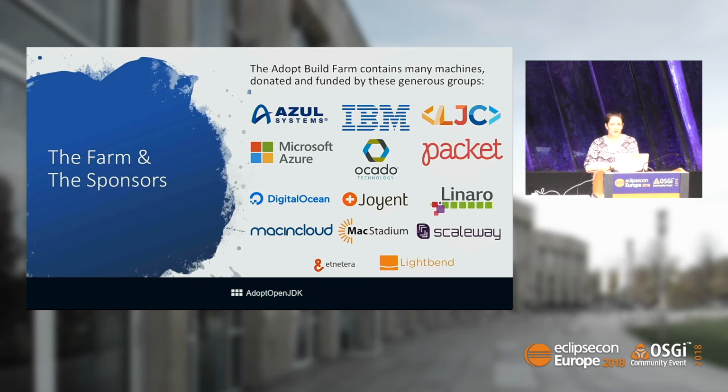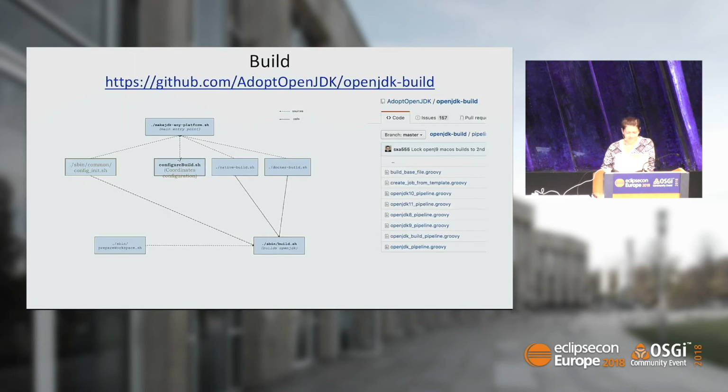I can tell you that everyone on this list believes in open collaboration and believes that open collaboration leads to greater innovation. So I'm really, really thankful that we have so many people joining and believing in the mission.